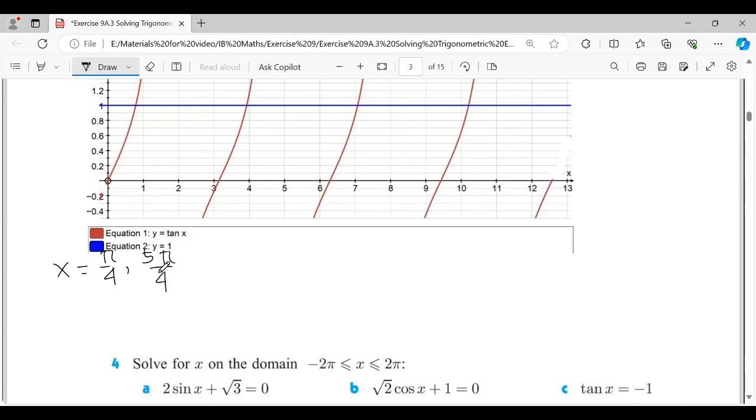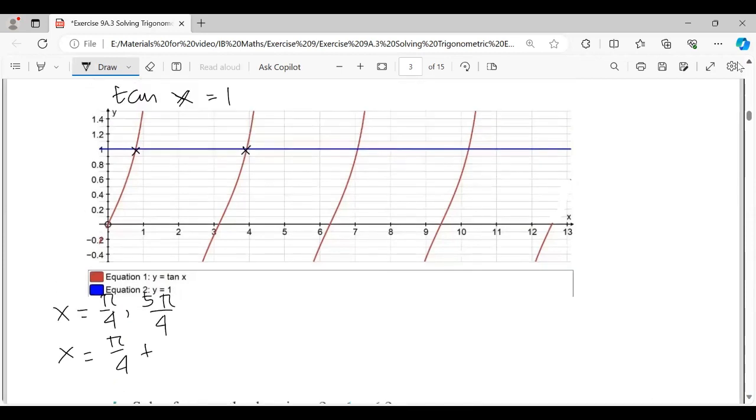And next, let's check pi over 4 plus 2 pi. Yeah, this is pi over 4. This is 5 pi over 4. Yeah, on this diagram. The third one is this one, pi over 4 plus 2 pi. It becomes 4 times 2 plus 1, 9. 9 pi over 4.